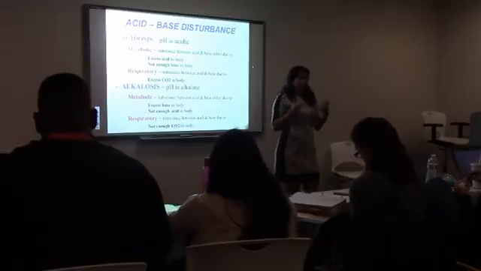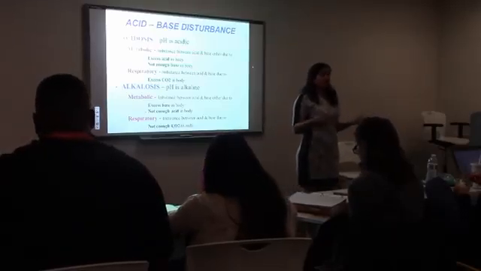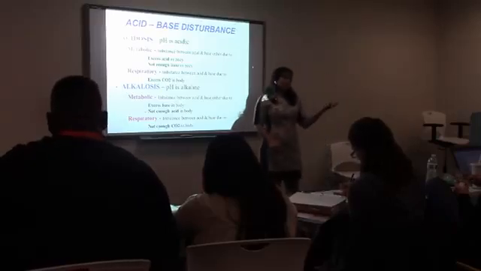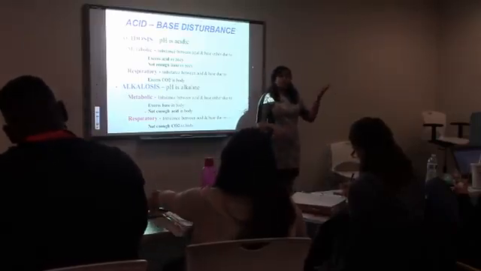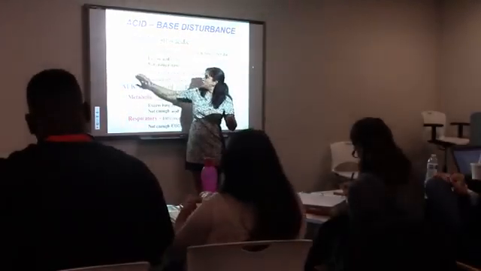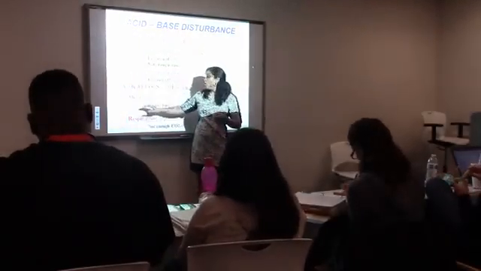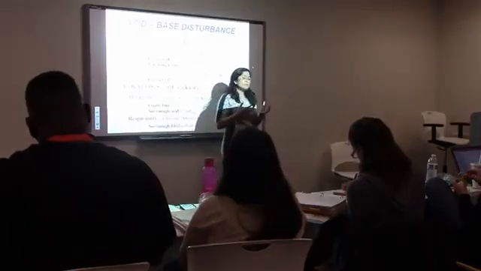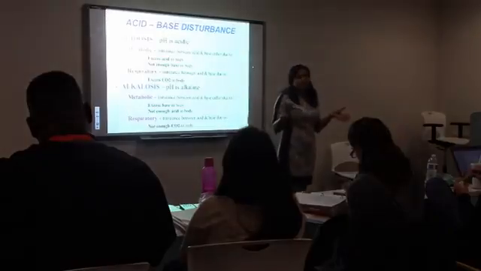Now, there are only two main types of acidosis or alkalosis. You can have metabolic acidosis or respiratory acidosis, or metabolic alkalosis or respiratory alkalosis. So there are only two main types, metabolic or respiratory.